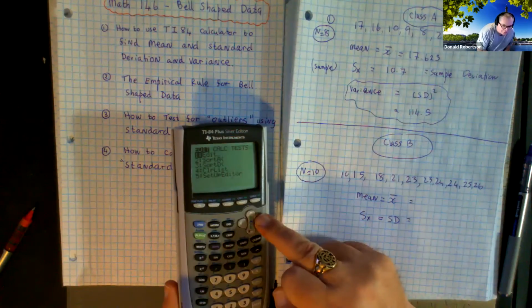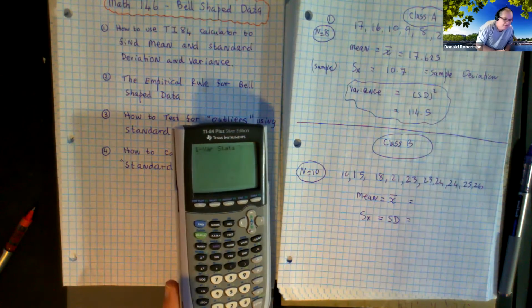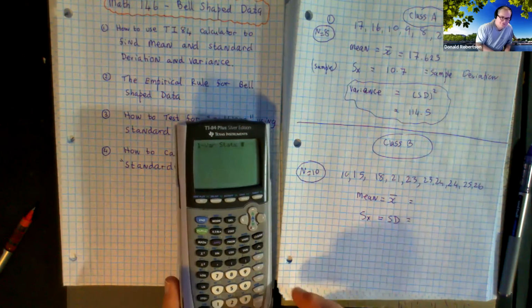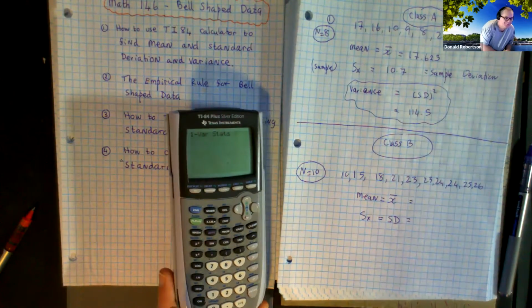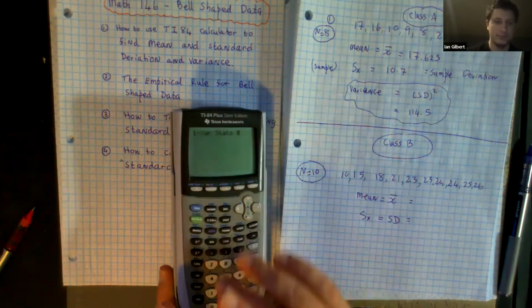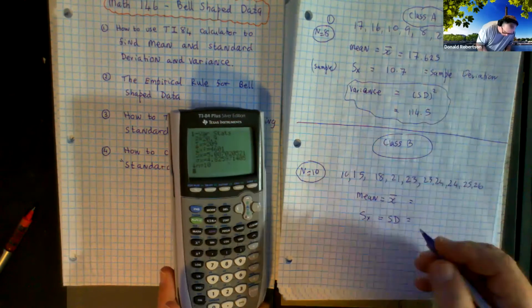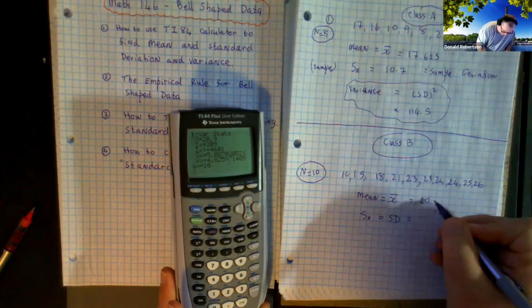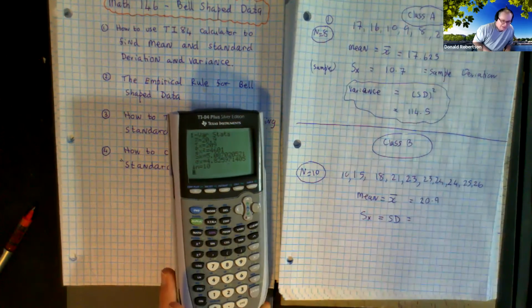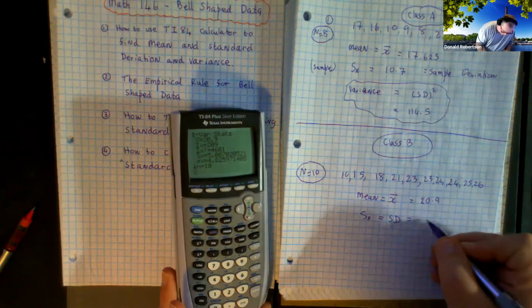Move using the cursors over to calc, option 1. And now this time you're going to tell me the answer. What 2 buttons do I press to get L1? Second and then 1. There we go, and press enter. The only numbers we're interested in are the mean, which is 20.9, and the standard deviation in this case, which is about 5.1.